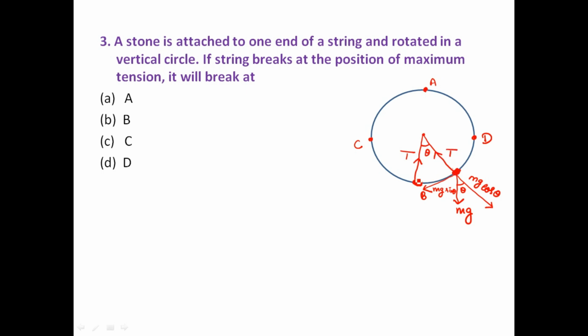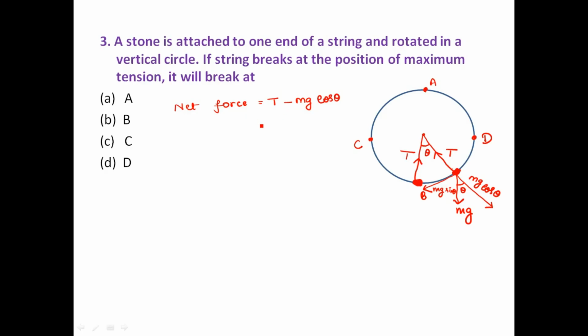Since the object is being rotated here, I'll write the net force that is being acted as equal to T minus, what about the direction of mg cos theta? It is here. I'll write mg cos theta.